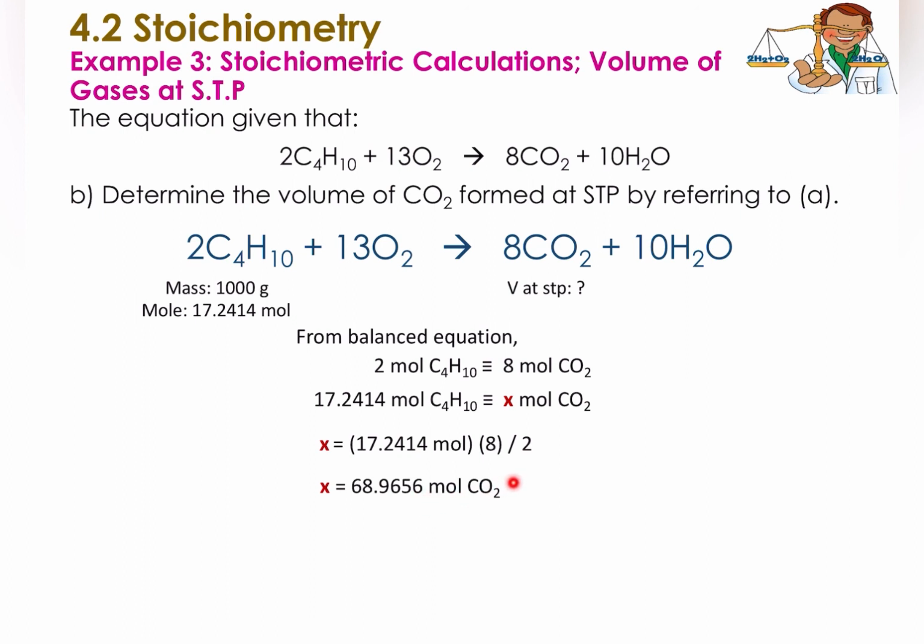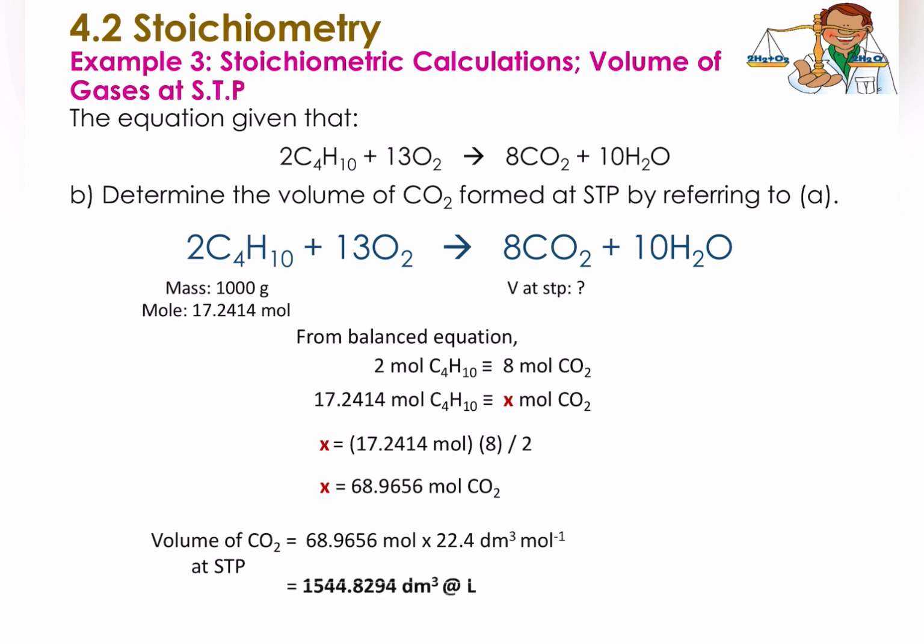And now we got the number of mole. Same concept from before. You want to find out the volume of CO2 at STP, so you have to use the mole times the molar volume at STP. You will have the volume for CO2 adalah 1544.8294 dm cube. Ataupun unit yang sama seperti dm cube adalah liter.